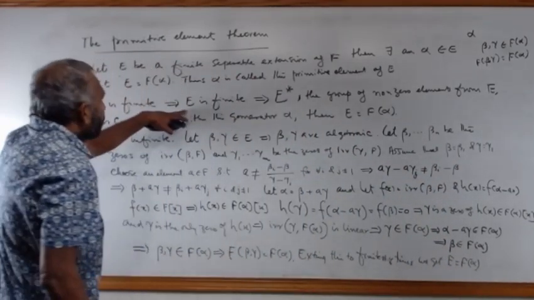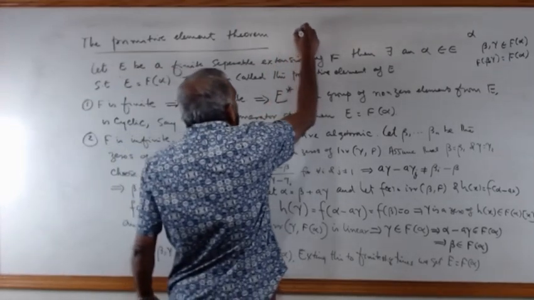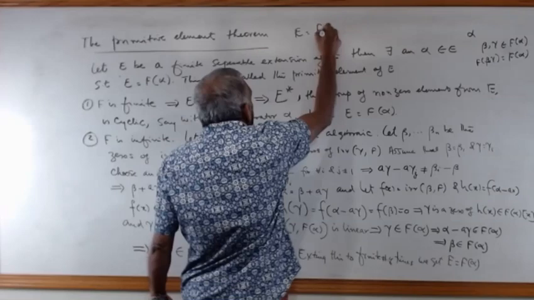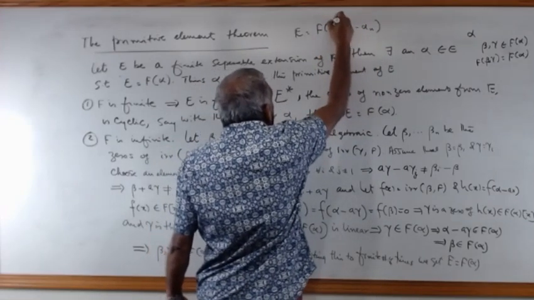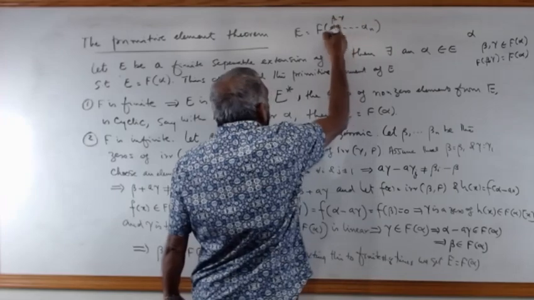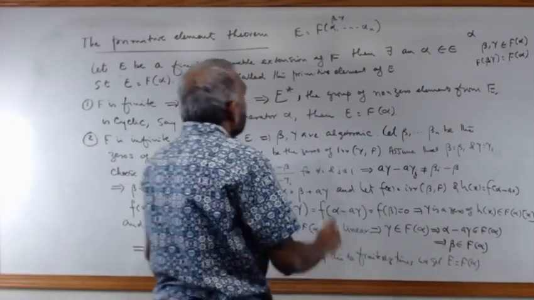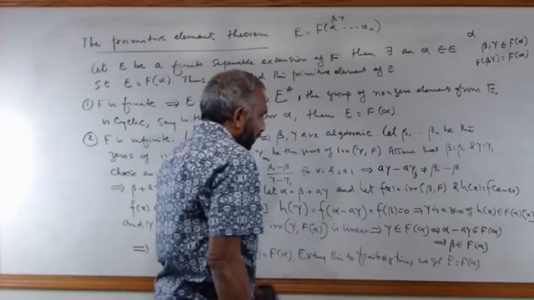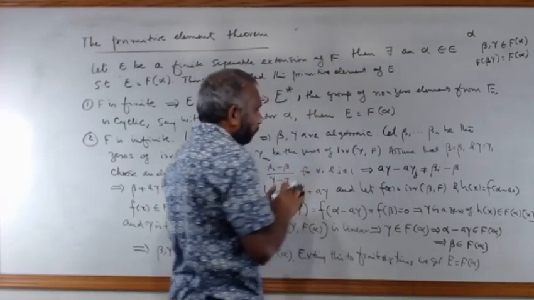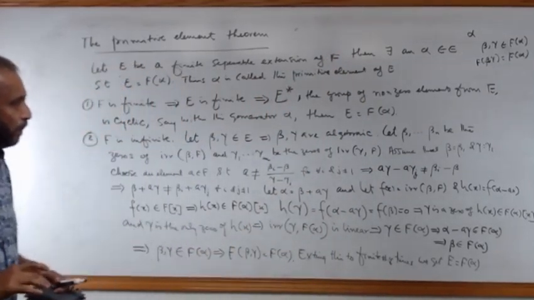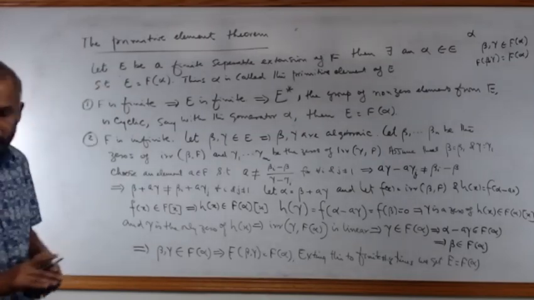Because E is a finite extension of f, you can always write it as f of alpha 1 through alpha n. We took two of them, that is beta and gamma, and found that it is this. Then you keep on extending it. Then you will get E is equal to f of alpha. This is a very important, very strong, powerful theorem. Very powerful theorem, this one.